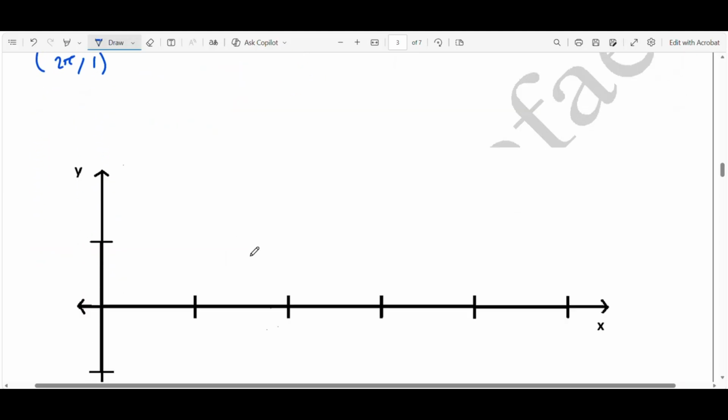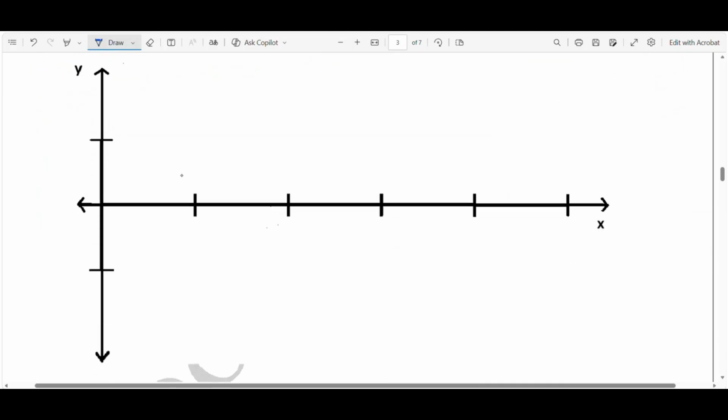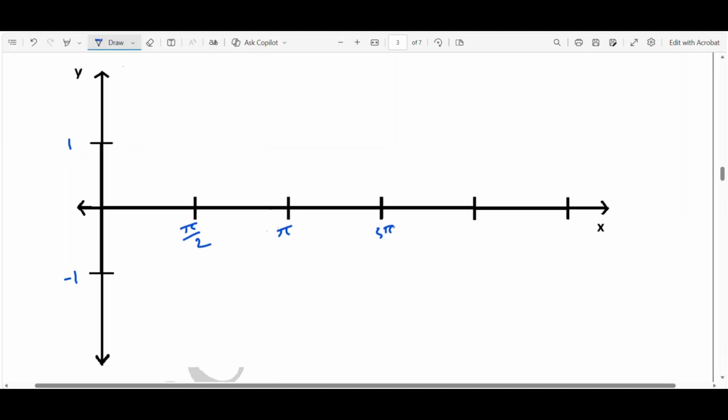I'm going to sketch it. Also, the range for the cos is between negative 1 and 1. Pi over 2, pi, 3 pi over 2, 2 pi.